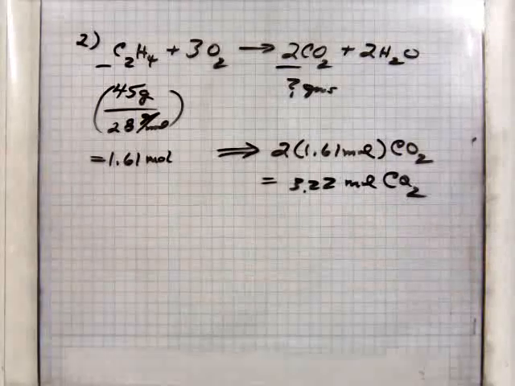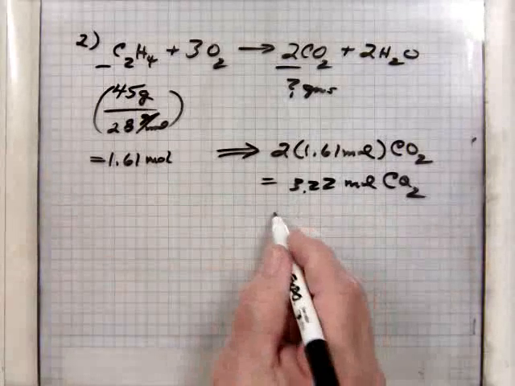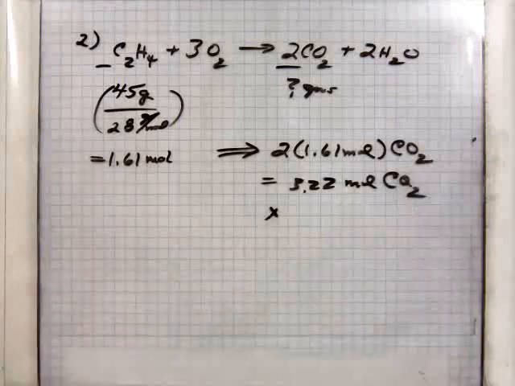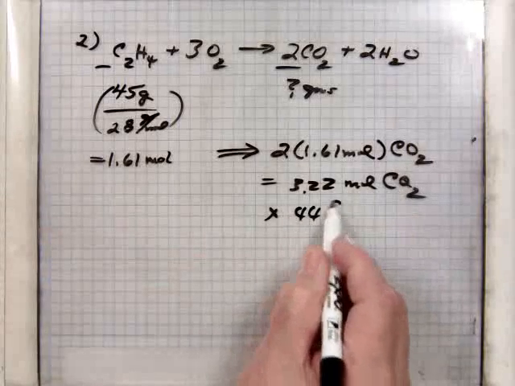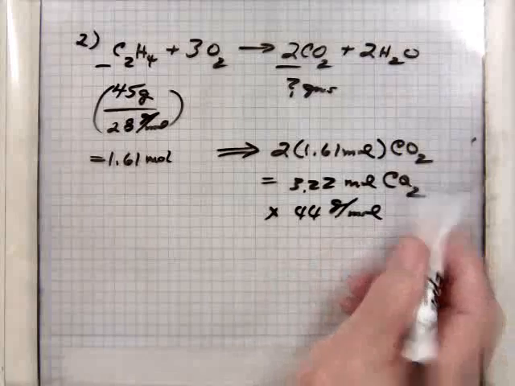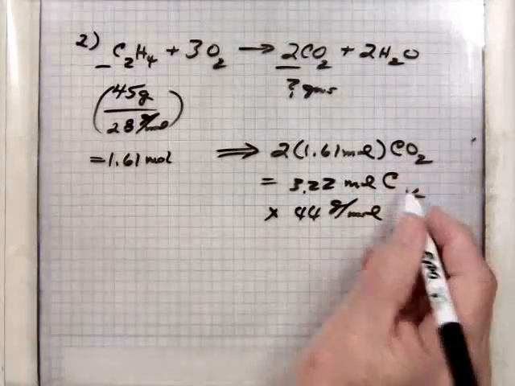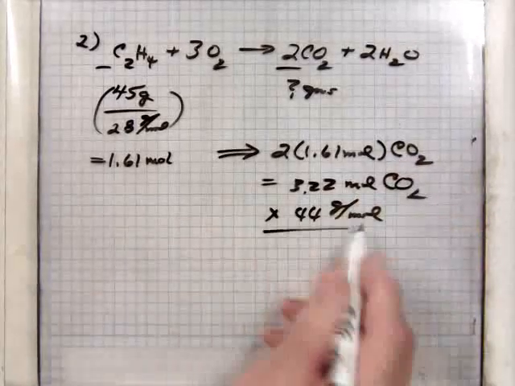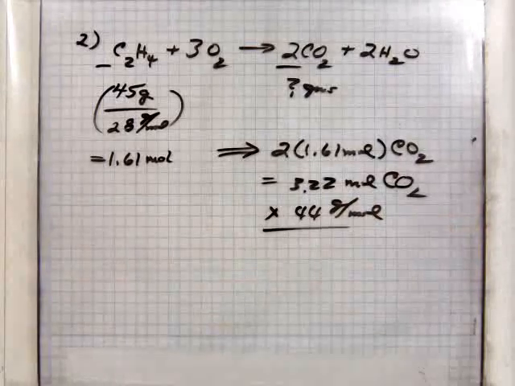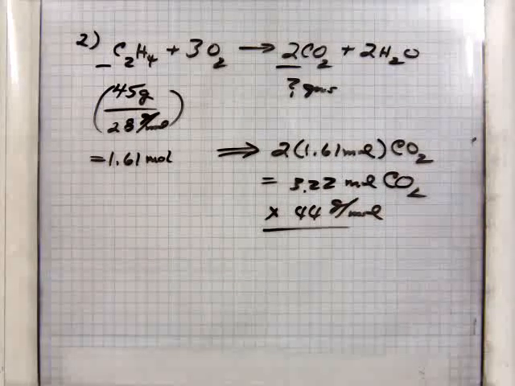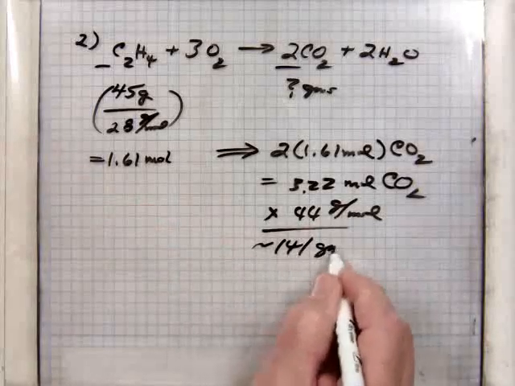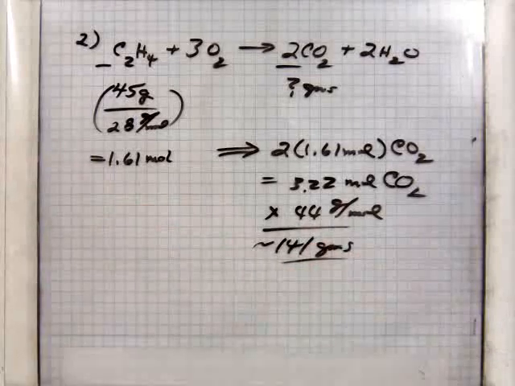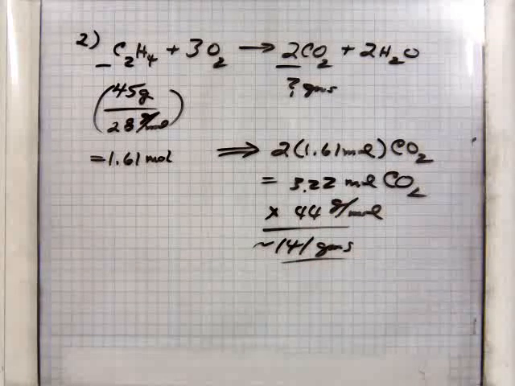And now if we want to get to grams, we multiply by the formula weight of CO2, 44 grams per mole. 16 and 16 is 32 plus 12 is 44. And I get 141 points, and probably rounds to 2 sig figs, 140 or something of that nature.